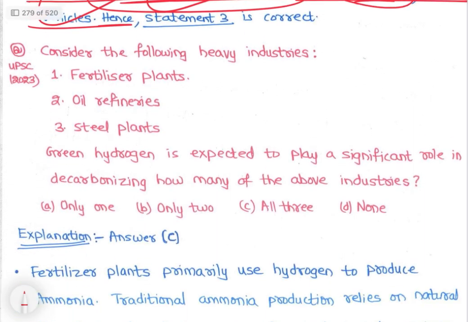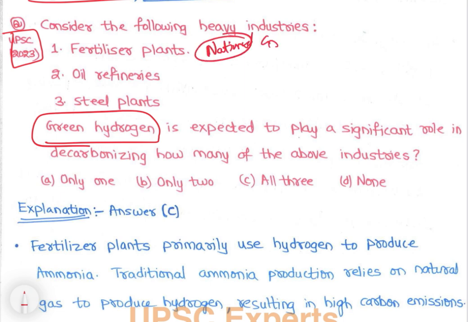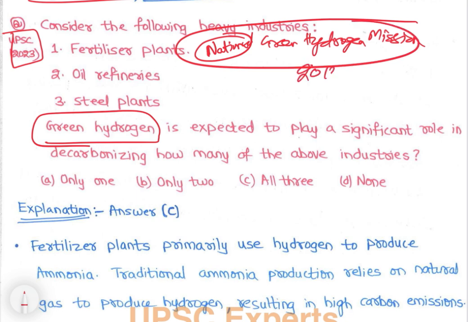Now let's see, आगे देखो 2023 में second question on green hydrogen, right? Why is it asked? Because in that year the National Green Hydrogen Mission was launched. So that's why two questions are there, right?